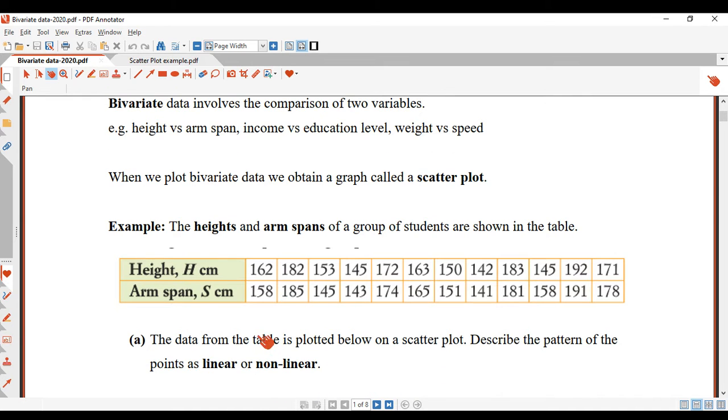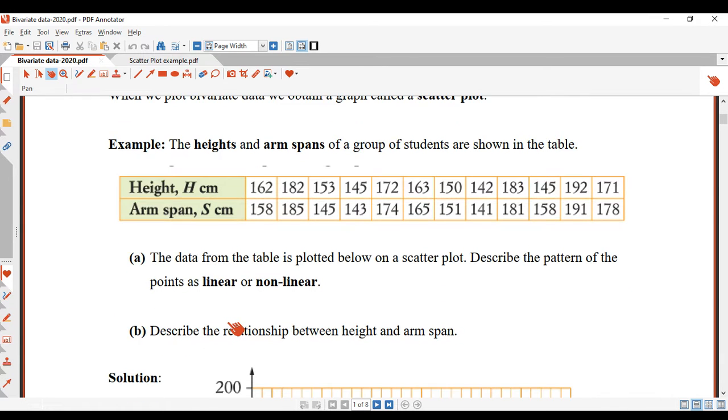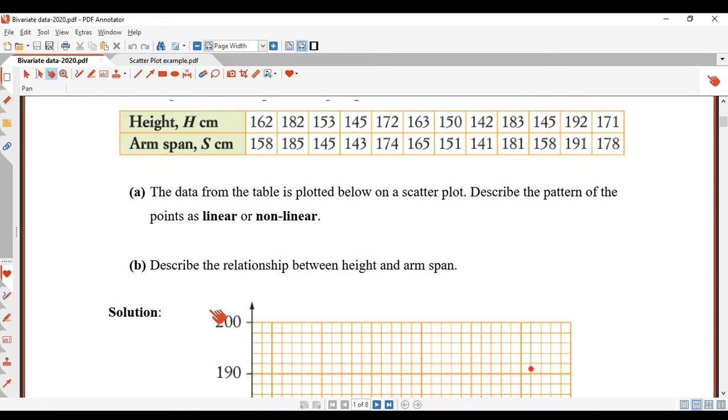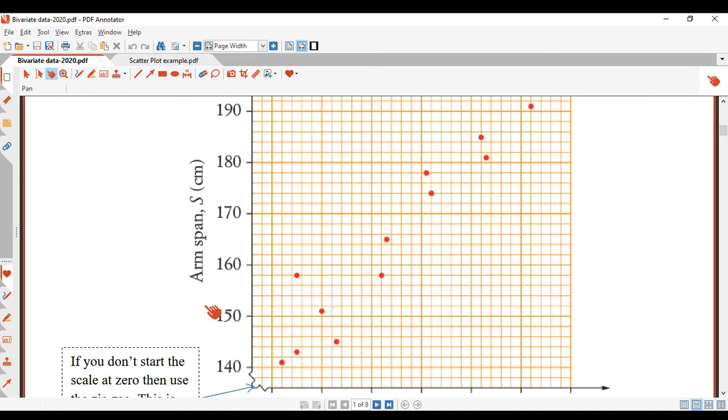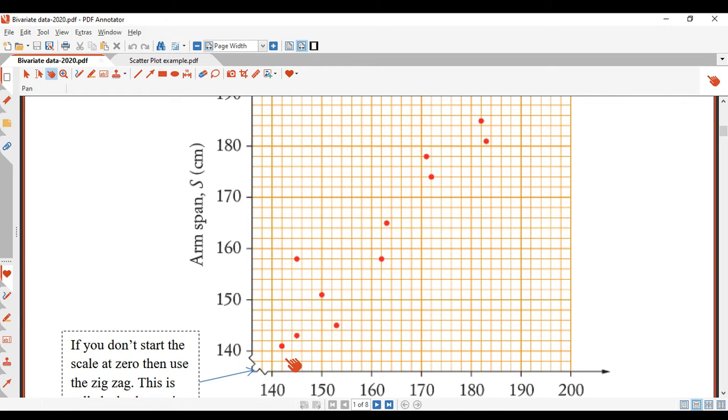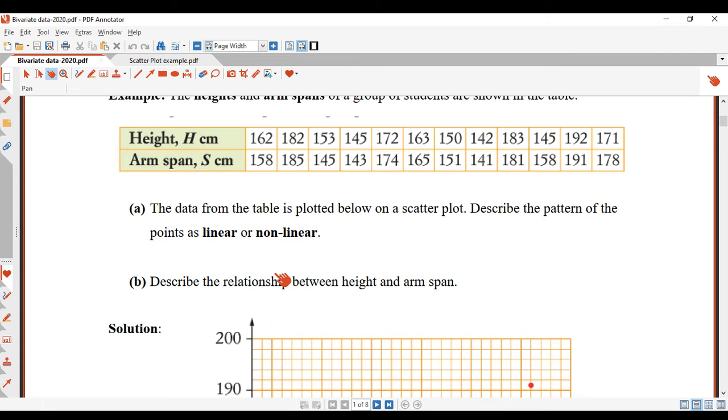Now, every dot represents a set of values from the table. So that first dot there, it's around about the 140-ish mark. Go back to the table, find that in there.